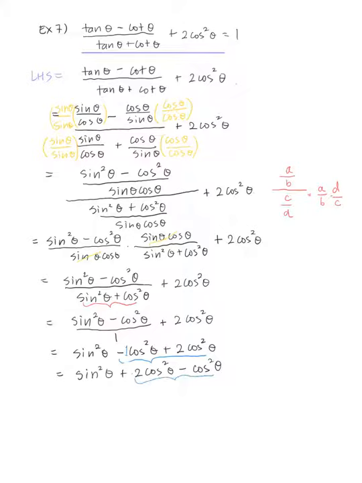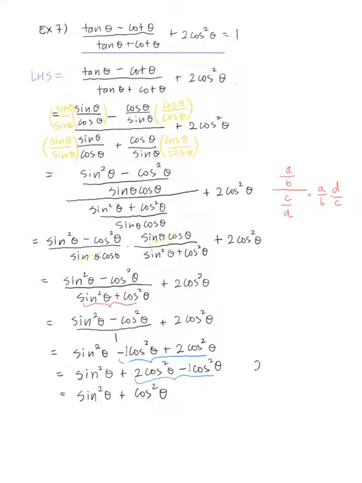So let's take a look. So over here, what I can do is combine these together. So here you're going to have sine square of theta, and then plus 2 cosine squared minus 1 cosine squared would give us 1 cosine squared. I hope you got that, because a lot of students ask me this.